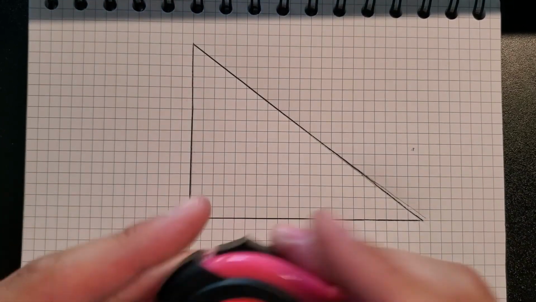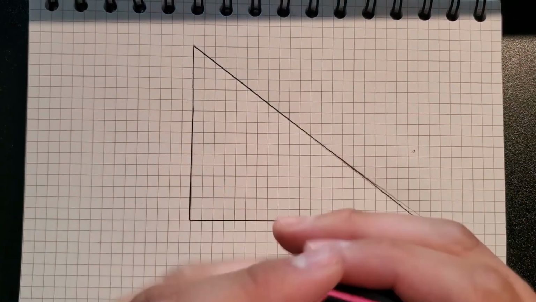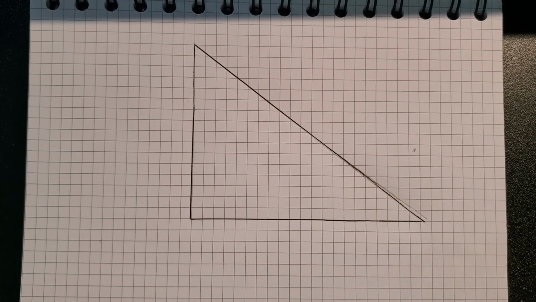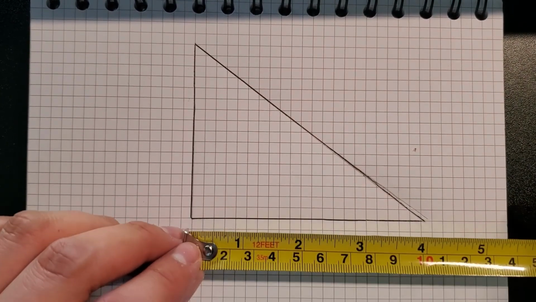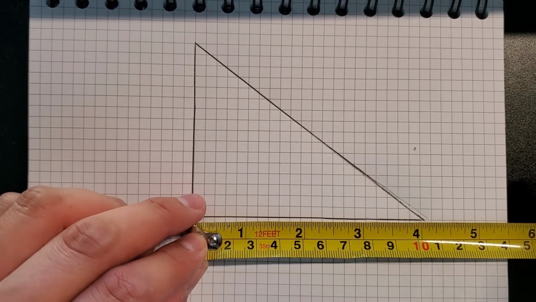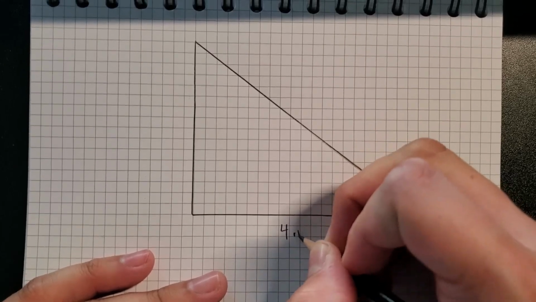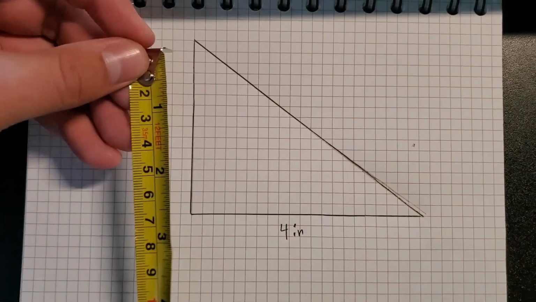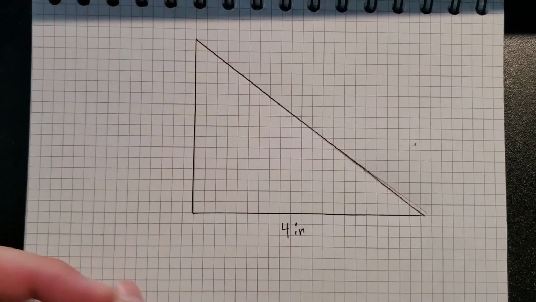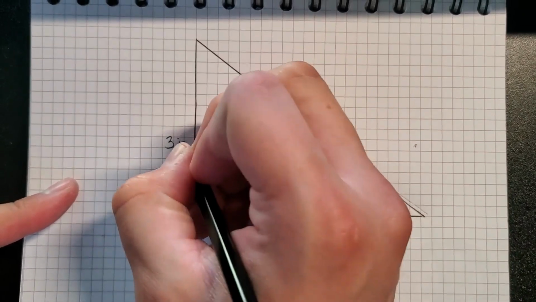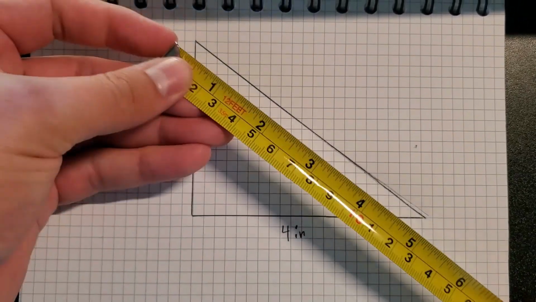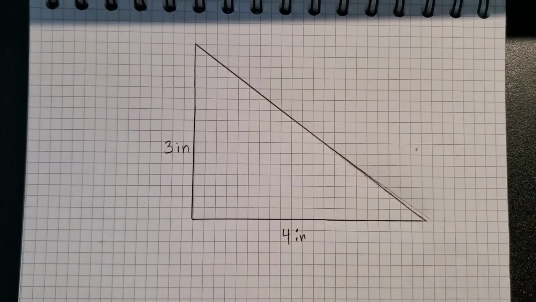I had a measuring tape, I didn't have a ruler. And so I made a triangle with a side length of 4 inches. This side is 3 inches. And this side is 5 inches.